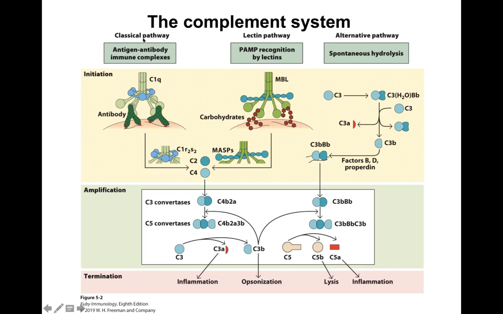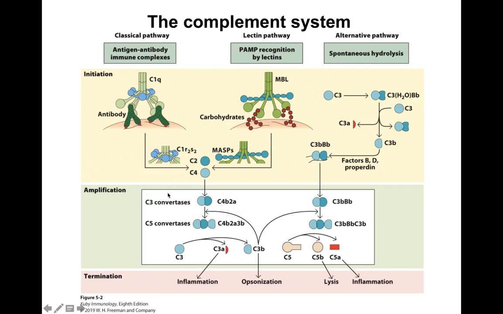The classical pathway is connected to the adaptive immune response, because there are antibodies bound to a pathogen, and that's what initiates C1q to interact with the antibodies bound to the pathogen. C1r2s2 is able to cleave C4 and C2, and this will cause C4b to bind to the pathogen with C2a, making a C3 convertase.